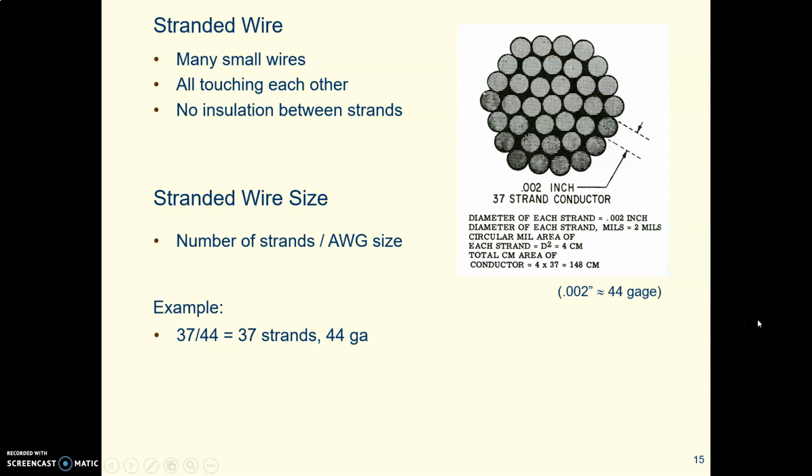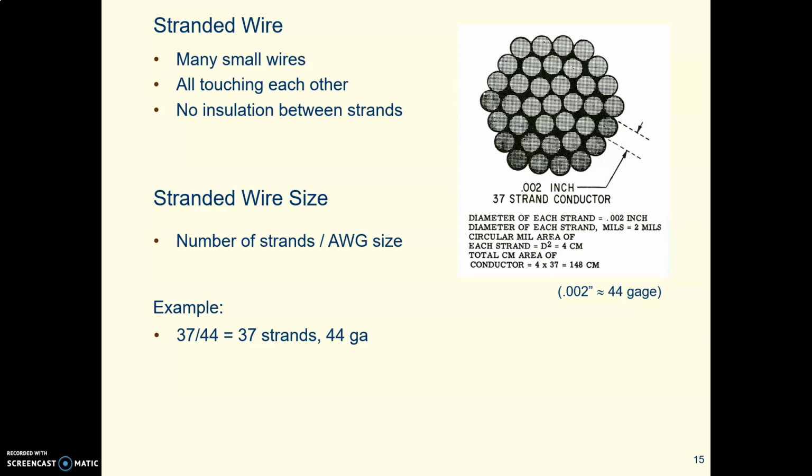Now, as you will see in the code, you can use one big wire or a bunch of little wires bundled together. A bunch of little wires together is called stranded wire. Those little wires are strands. So you get a bunch of small, usually copper, wires all bundled together, all touching each other without insulation. Those are strands.